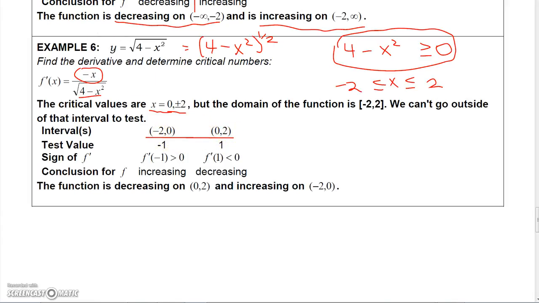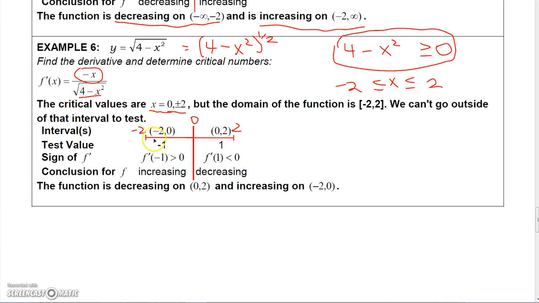I can't go outside of that domain. So I kind of doctored that up a little bit for you to see here. So you only go from -2 here over to +2 here, and you have 0 in the middle as a critical number. Well, I can't test to the left of -2 or to the right of +2 because those numbers are not in the domain.